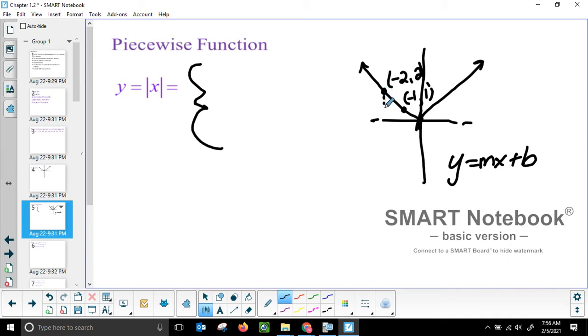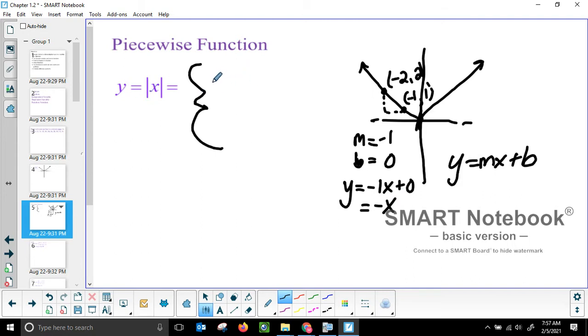If we think of it as rise over run, I go down 1 and over 1, so my slope is -1. My y-intercept is 0. Of course, we don't have to write this as y equals -1x plus 0. We can really just write it as -x.